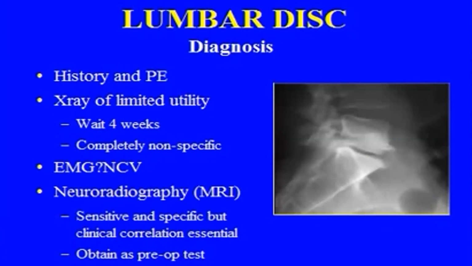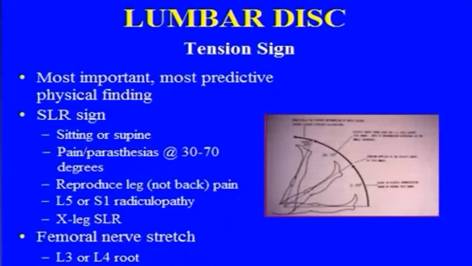Neuroradiography, MRI is sensitive and specific, but clinical correlation is essential, and it is obtained as a pre-op test. The tension signs are the most predictive physical findings, most importantly the straight leg raising sign.